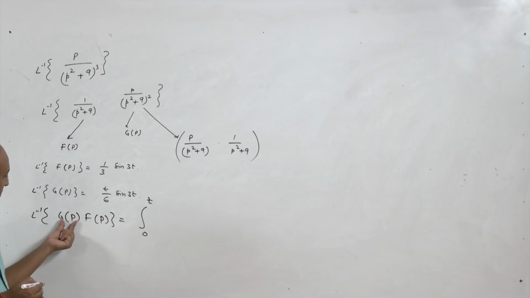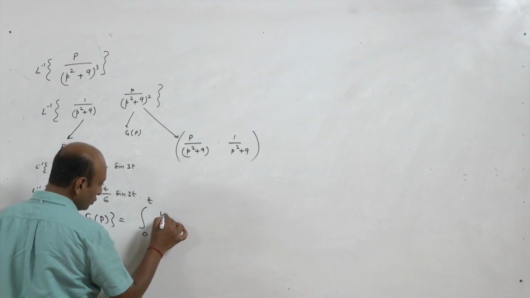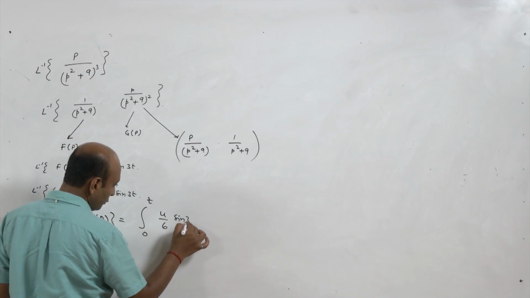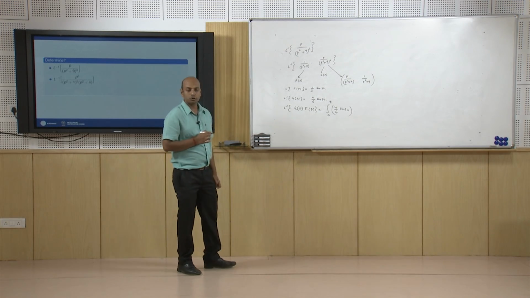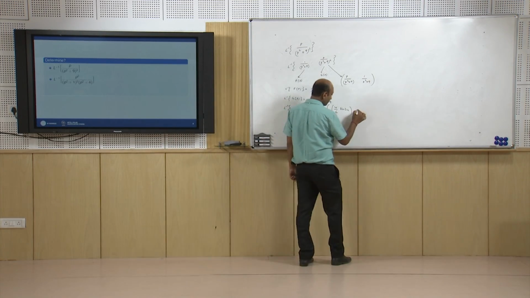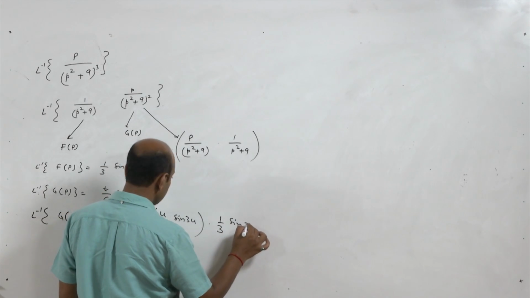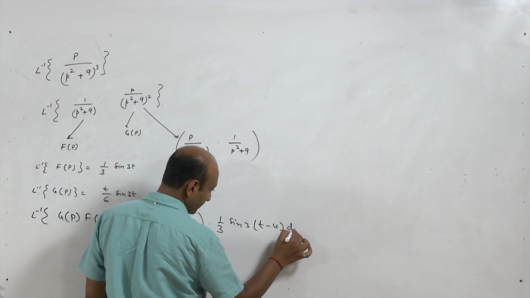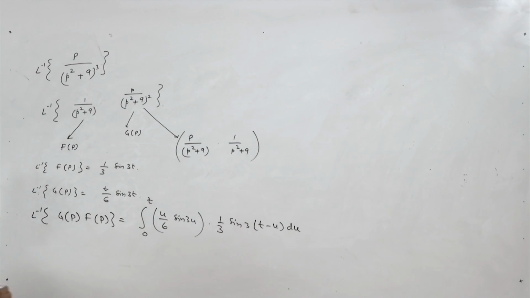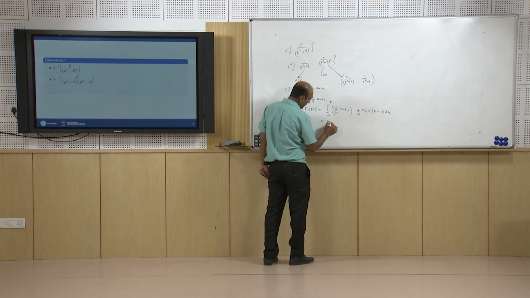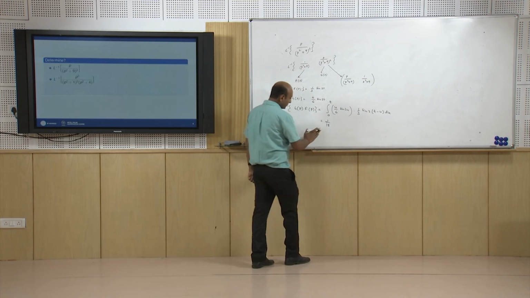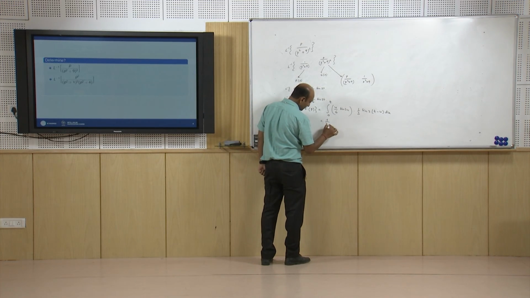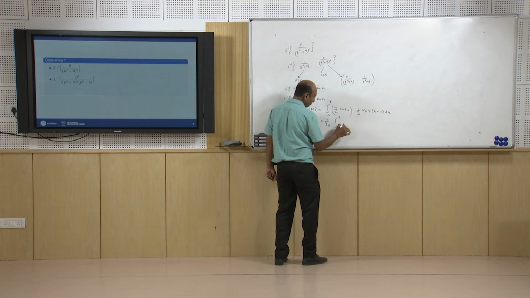Now, the first function is Fu, u by 6 sin 3u, into gt minus u, that is 1 by 3 sin 3 t minus u, du. So, this is nothing but 1 by 18.